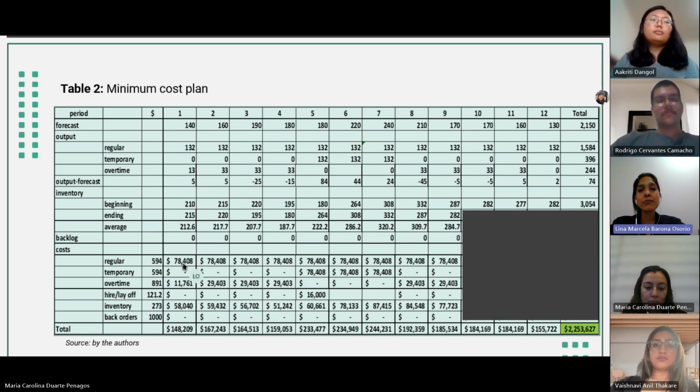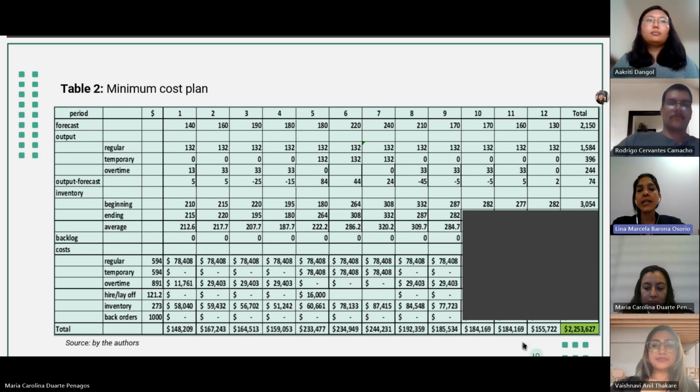To get the cost, basically, we multiply the regular time or the temporary or overtime by its cost. For the inventory it is the same. Here we have the price for the holding inventory, and we then multiply by the average inventory. With this, we have the total cost per month.